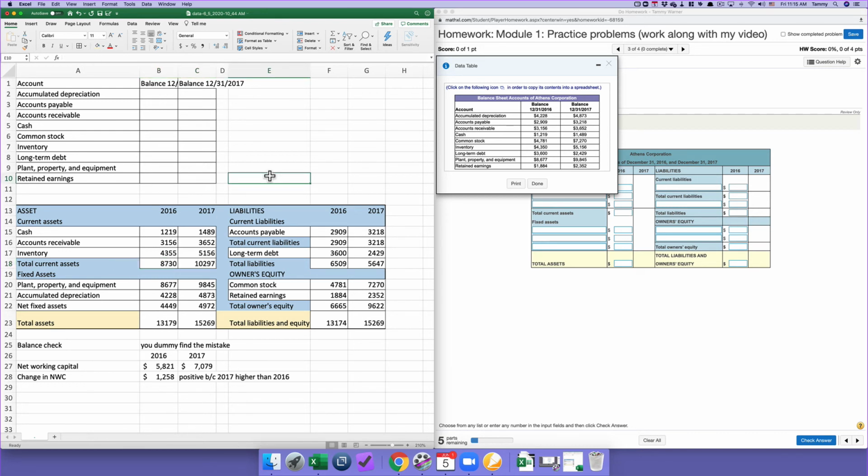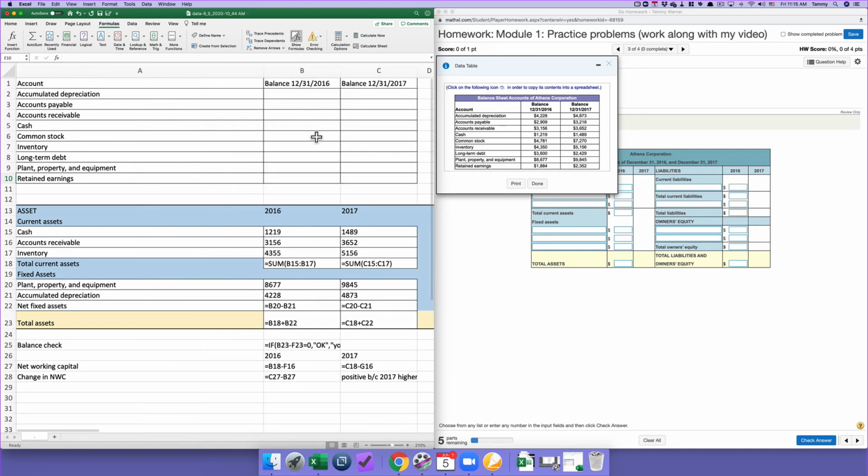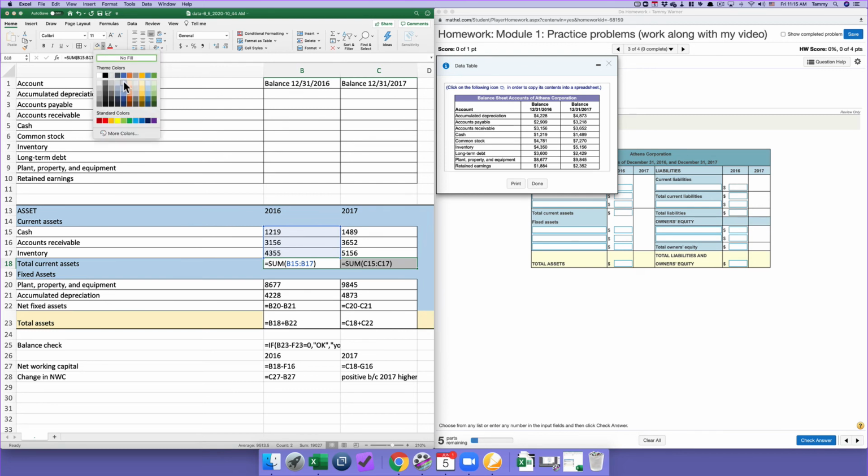You can go into the Formulas tab, and there's a function that says Show Formulas, so I can see which of these cells have formulas in them. Then I can go back to the home page and give those maybe a lighter shade of blue, like that.